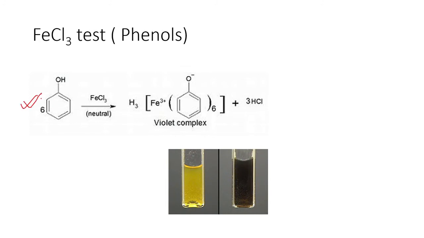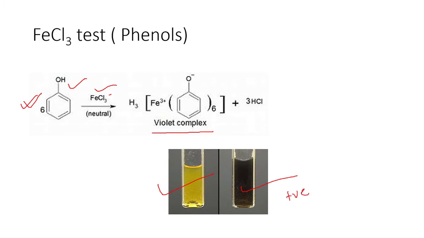You basically don't have to remember the reaction, it's not that important, but you just have to remember that phenol, when it reacts with FeCl3, gives a violet complex. This, of course, you have to remember. This is a negative result for the FeCl3 test, and this is a positive result for the FeCl3 test.